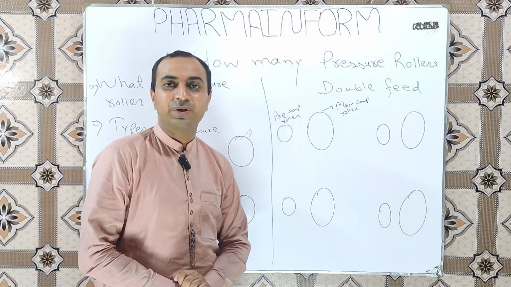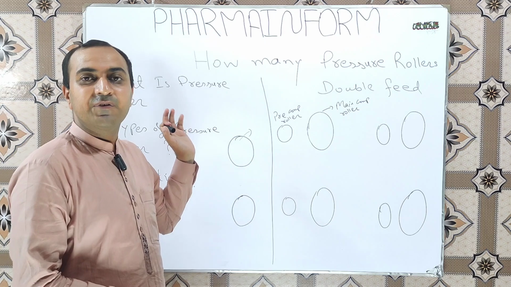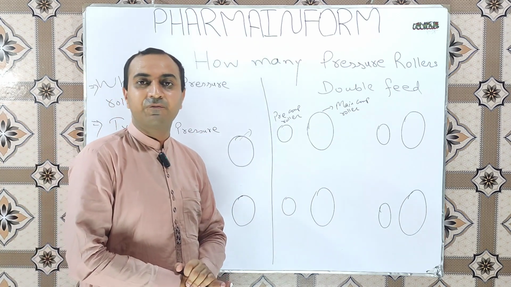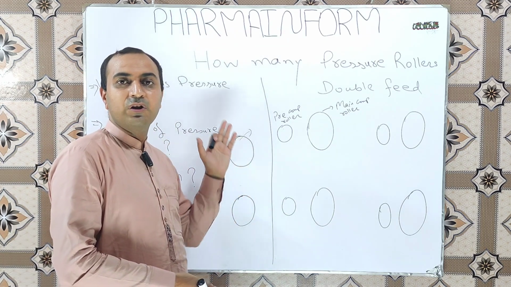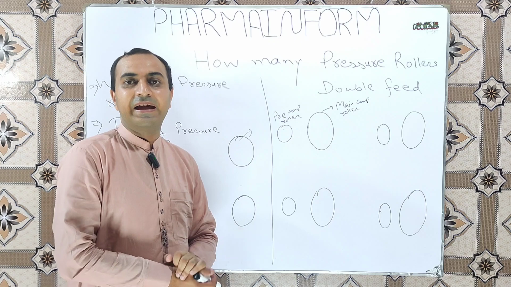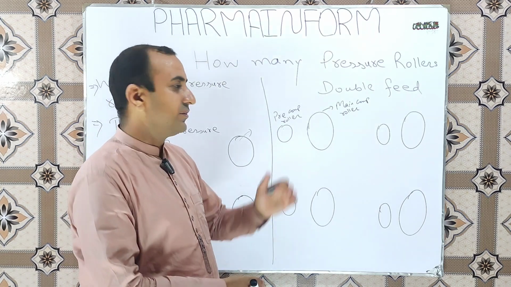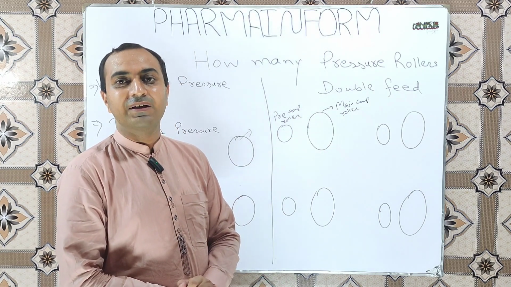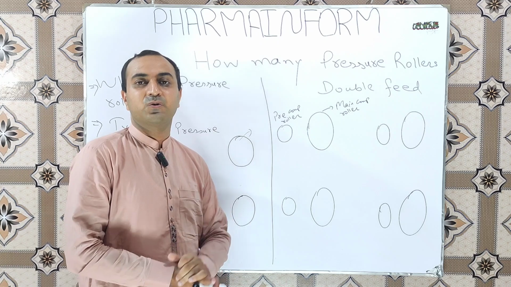So for a brief summary, if our compression machine is single feed, it will contain only 2 compression rollers, and if it is double feed, then it will contain 4 compression rollers.